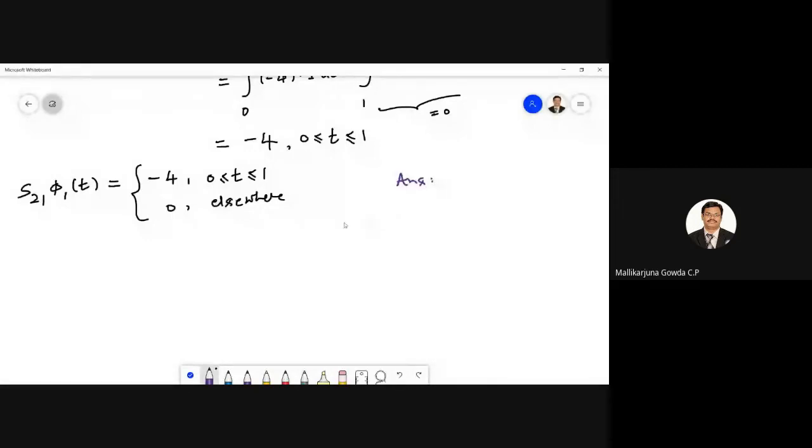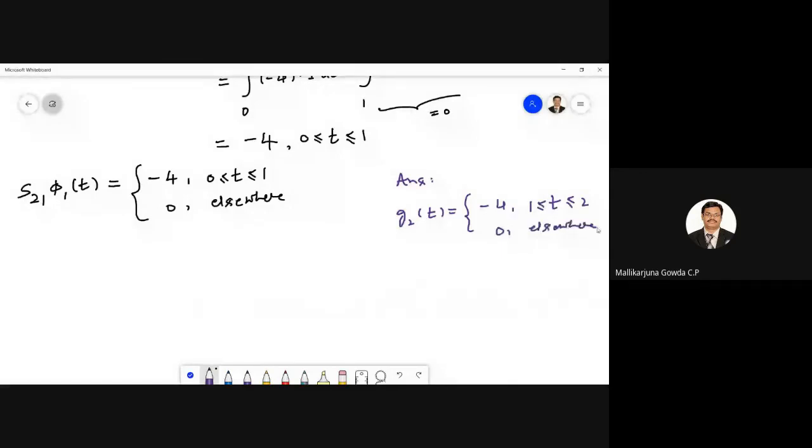As I said, the value of G2 of t will be equal to minus 4 over the interval 1 to 2, and it will be 0 elsewhere.